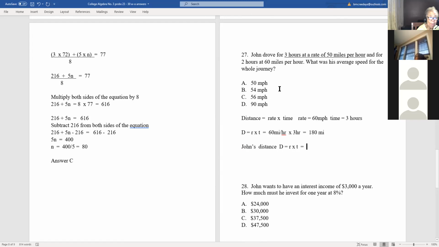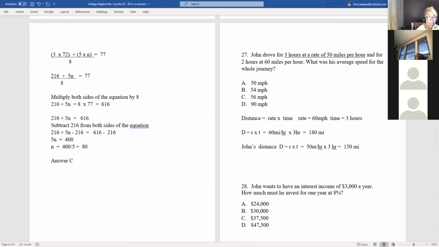That's the rate, 50 miles an hour. So I put 50 miles per 1 hour times what? 3 hours. And that would be the distance of what? 150 miles. Okay, that's John's distance.